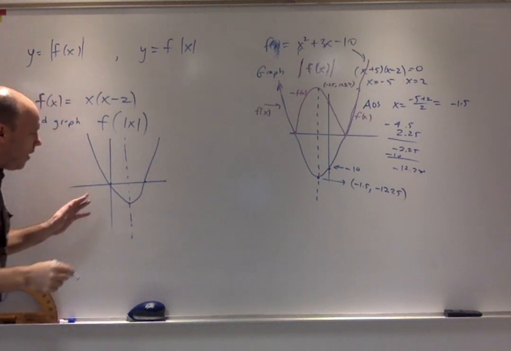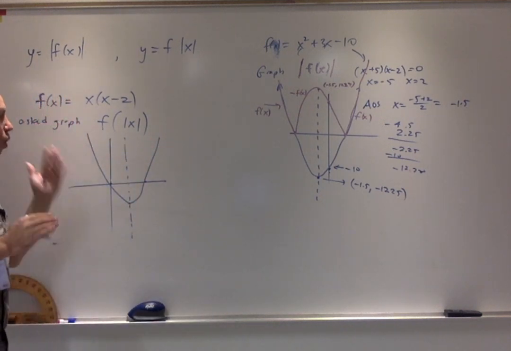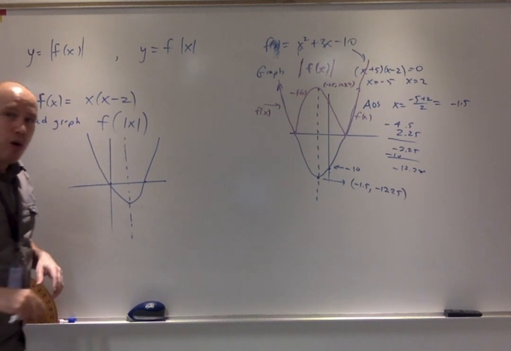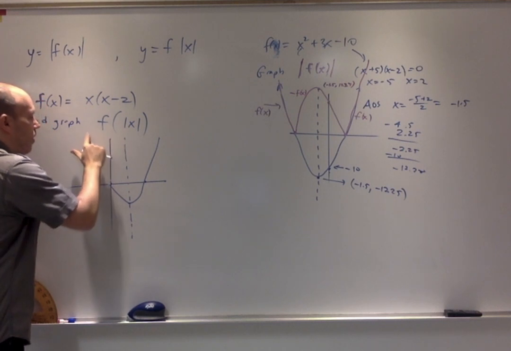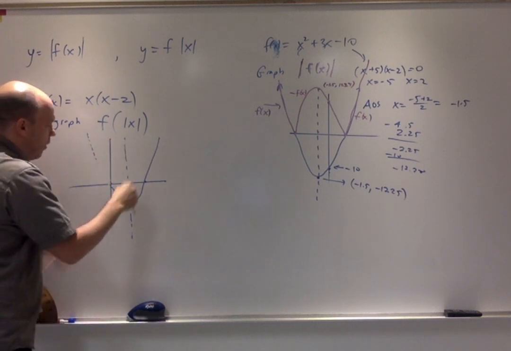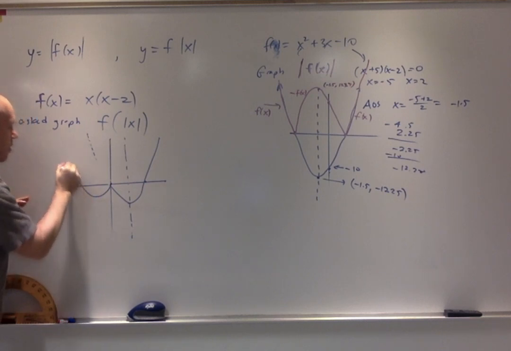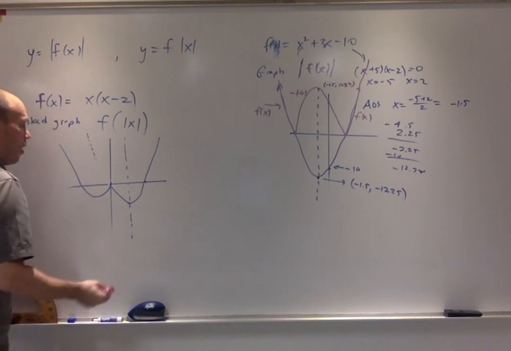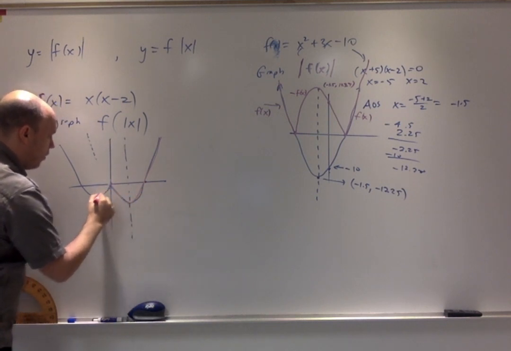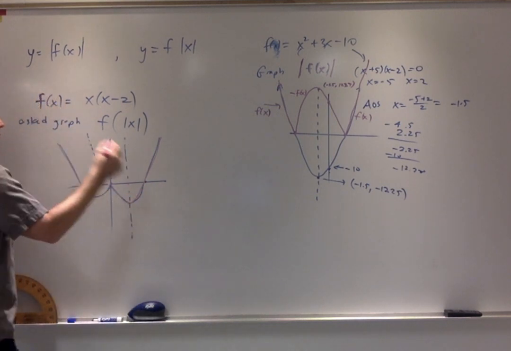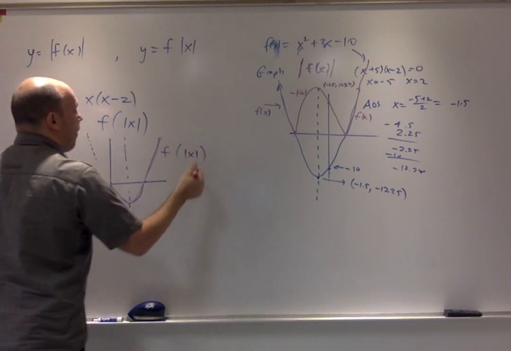And the idea is this whole right part is not going to be reflected over the left part. So what you're going to do is erase the left part, and you're going to reflect it over the y-axis so it looks like this. So let me use pink. So the new graph looks like this. And this is the graph f of absolute value of x.